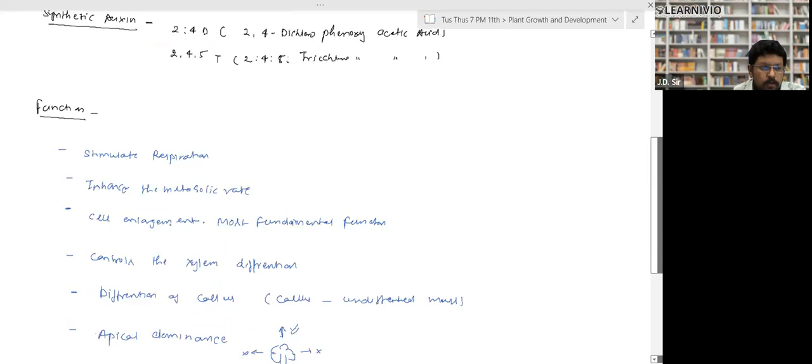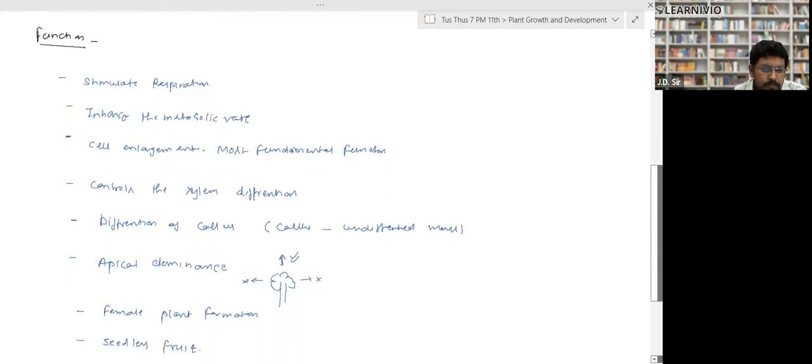Now start noting down the functions of auxin. First, it stimulates respiration. Next, it enhances the metabolic rate.